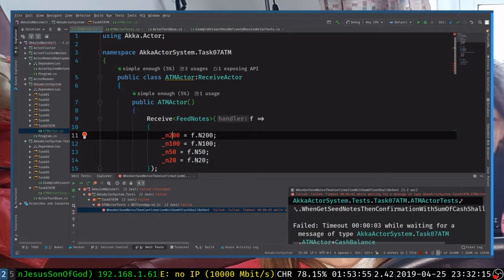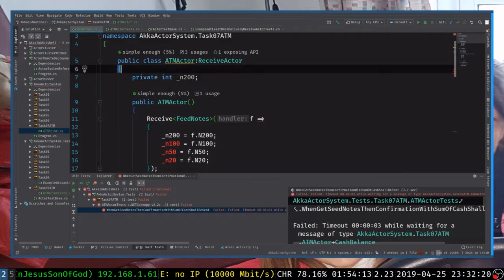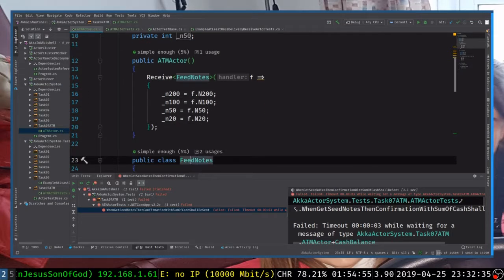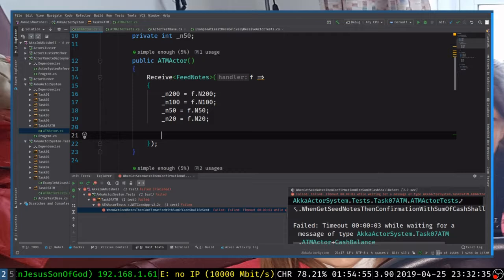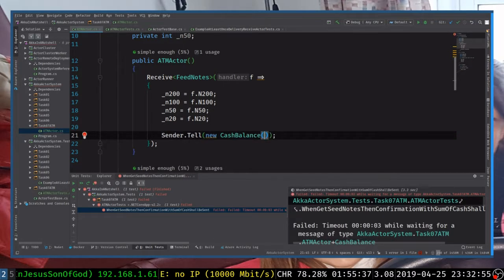Okay, so let's check it. Okay, so at this point the test is expecting that we will give it a balance of what we have, so we say sender tell cash balance, and here we need to say 200 multiplied by notes 200 plus 100 multiplied by notes 100.